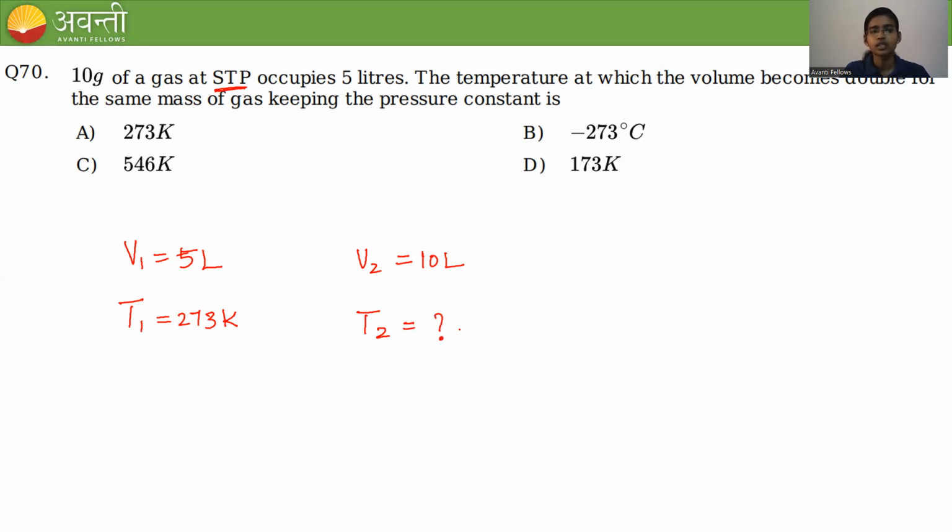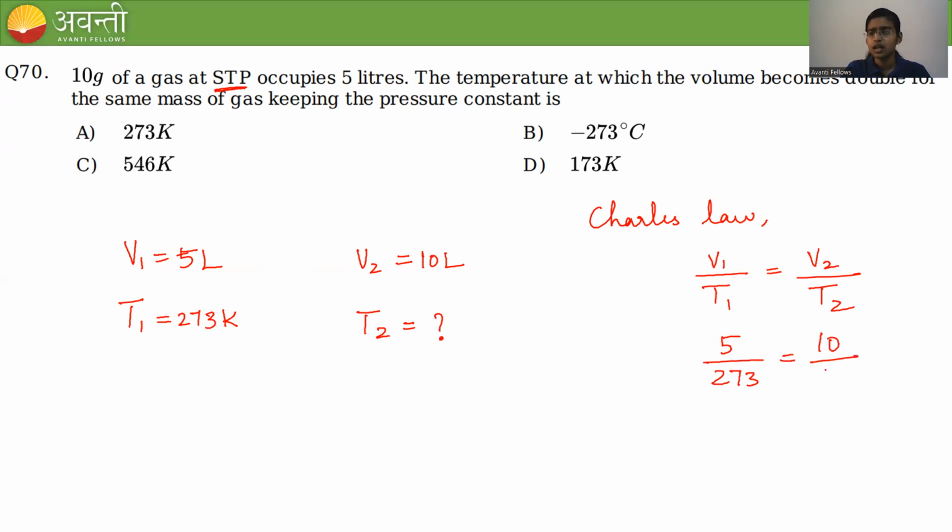So how to find out this? So we know this Charles law, right? From Charles law, V1 by T1 is equal to V2 by T2. V1 is 5 liter, T1 is 273 Kelvin, V2 is 10 liter, and T2 is what we have to find out.